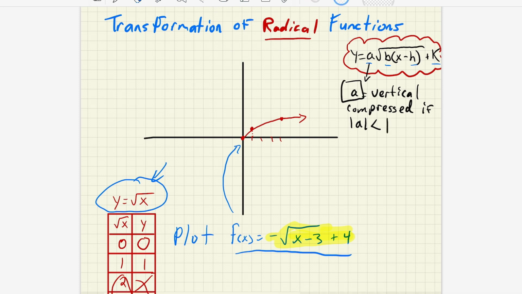Okay, and you know what we'll do? We'll write this in a different color so that it's easier to see. So if it's less than 1, there'll be a vertical compression. By the same token, there'll be a vertical stretch if the absolute value is greater than 1.